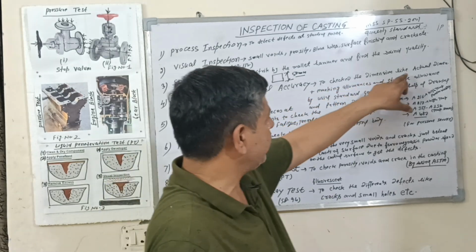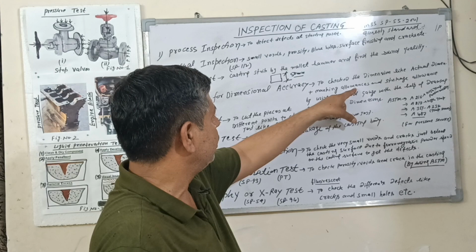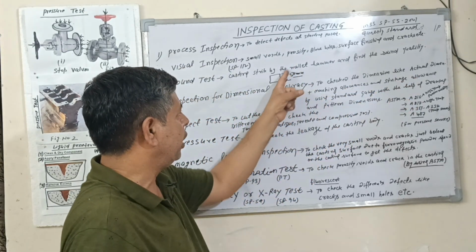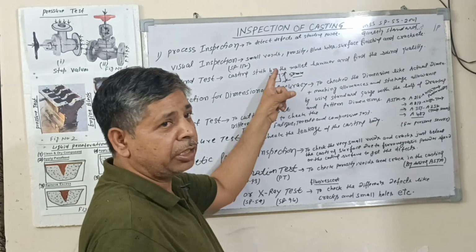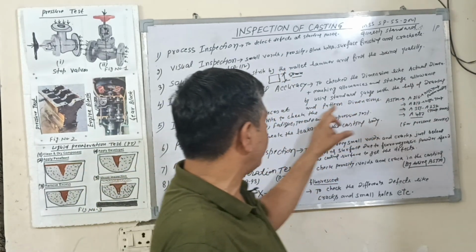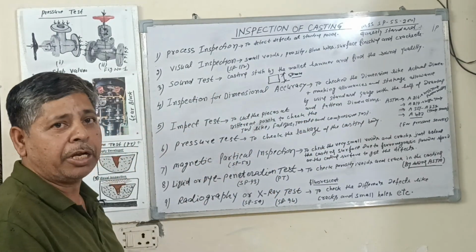To check the dimension, the actual dimension is here. Machining allowance plus shrinkage allowance is also provided on this actual dimension to get this accuracy, using a standard gauge with the help of the drawing and pattern dimension. So this is inspection of dimensional accuracy.